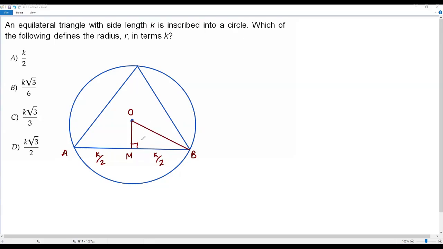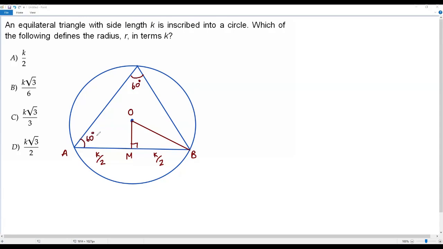Okay, now let me consider each interior angle measure of the equilateral triangle. We know that all three interior angles of any triangle add up to 180 degrees by the angle sum property of a triangle. So here the measure of each interior angle has to be 60 degrees because it's an equilateral triangle.